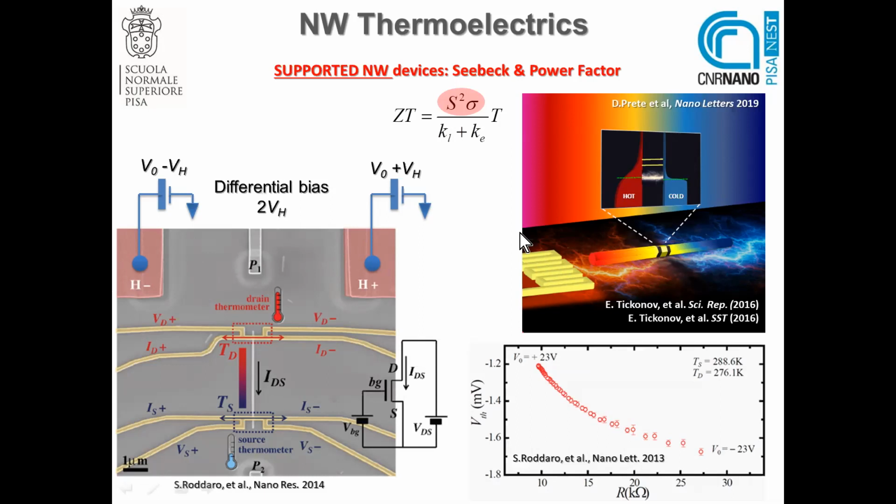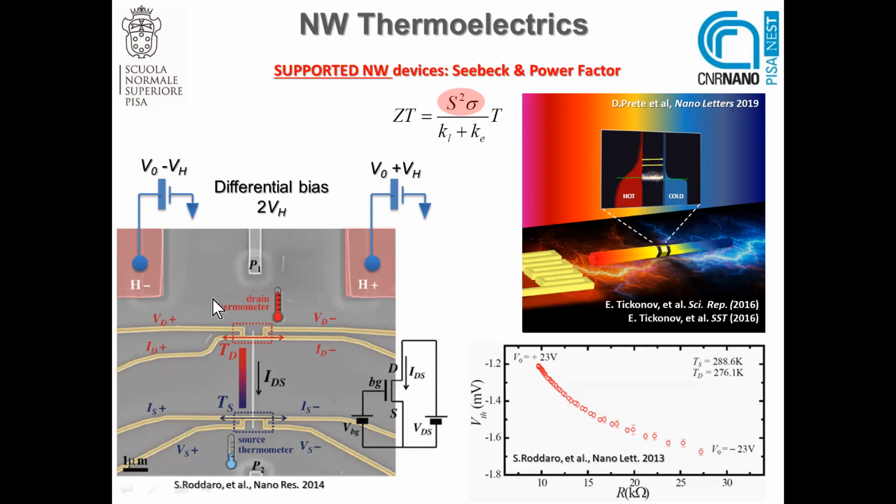Okay, so along the years we have used this approach to demonstrate basically the full electrostatic control of the thermoelectric properties, I mean Seebeck coefficient and power factor, in nano devices fabricated out of individual nanowires. Nanowires, I mean basically III-V semiconductor nanowires, like indium arsenide nanowires.